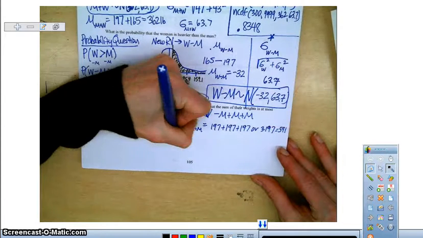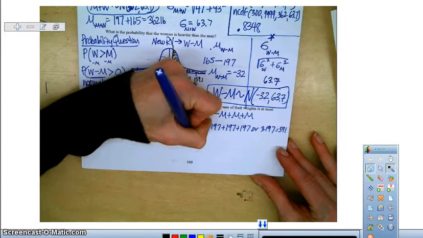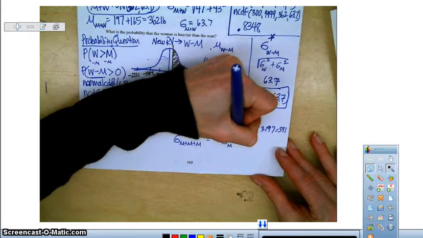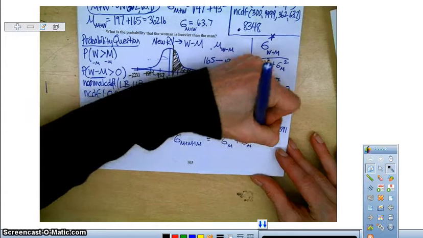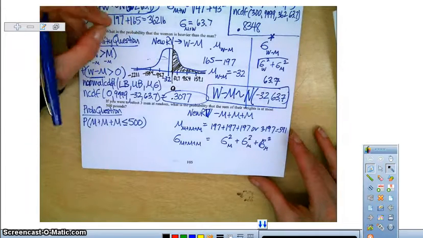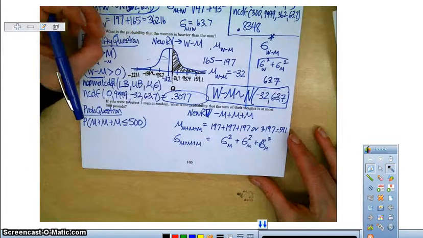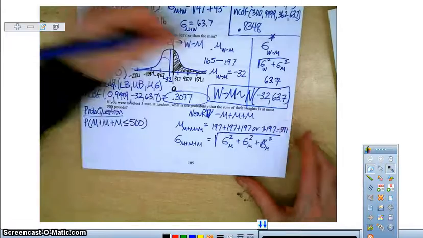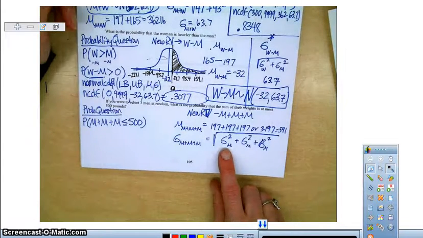And then the standard deviation of men plus men would be the variance of men plus the variance of men plus the variance of men. Variance is what? Standard deviation squared. And then after you do that, to get the standard deviation, you square root it at the end. So what is the variance of men's weight?